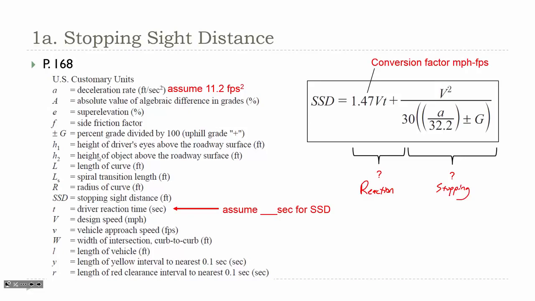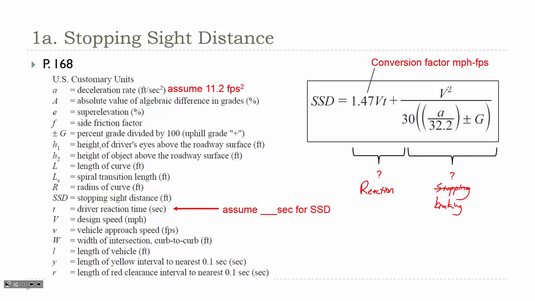On a question, they might ask you specifically, not for the total stopping sight distance, but to throw you a curveball, they might ask what is the reaction distance, or what is only the braking distance, and the total is the stopping sight distance.